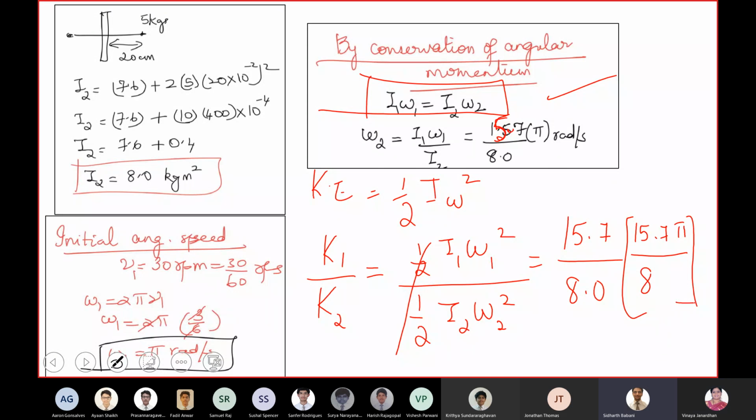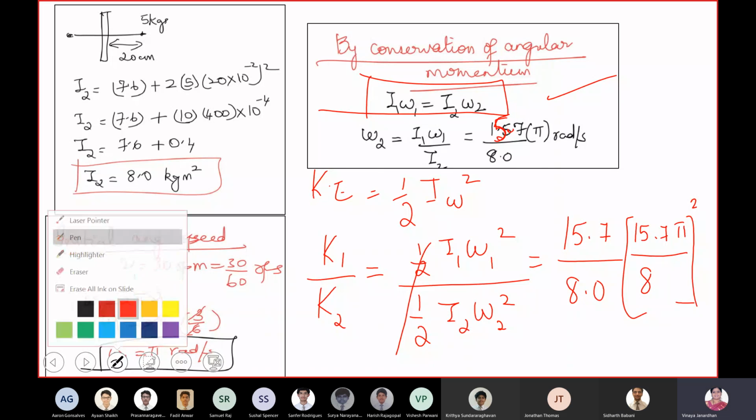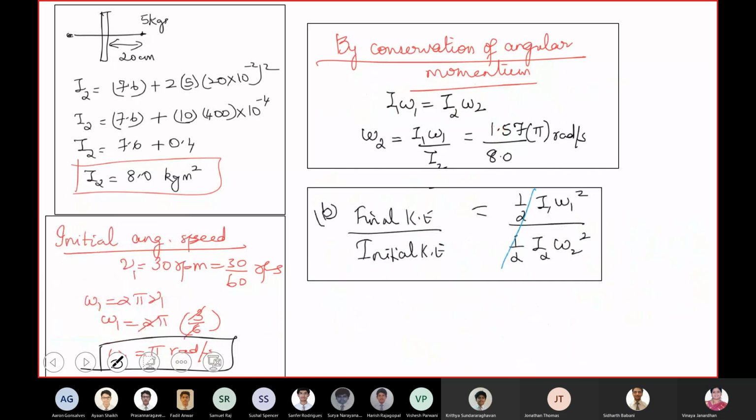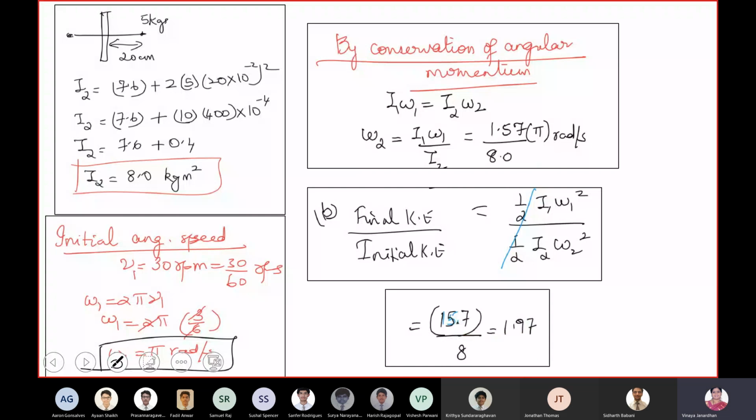Ma'am, we have to actually calculate this. No need to calculate. You have to check whether K1 is greater than K2. It approximately comes to be 1.97, which means your final kinetic energy K2 is equal to 1.97 times K1. No, ma'am, I think it is conserved. It's equal, yes ma'am, because if you substitute 15.7 there, the 8 and 8 will get cancelled.